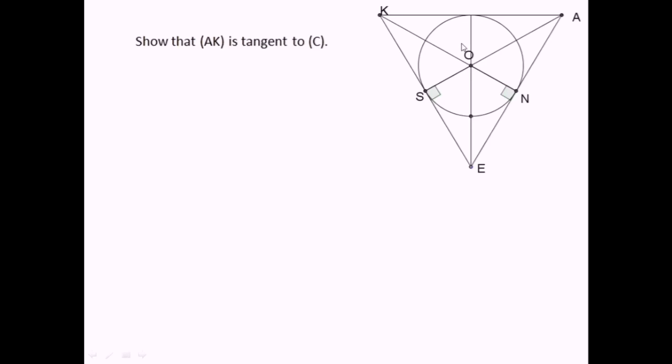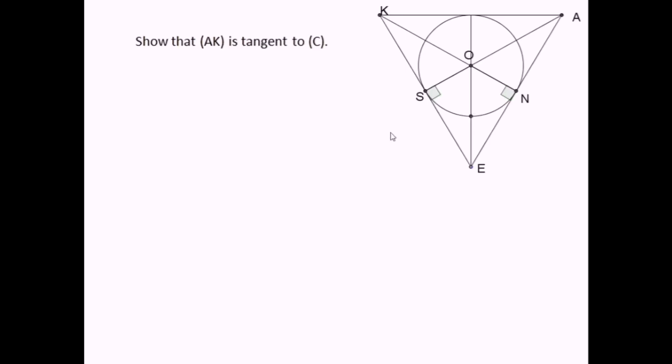And we know that when this circle is inscribed in this triangle, the three sides are the tangents to this circle. And we already proved that KE and EA are two tangents to this circle. Then for sure AK will be the third tangent. So let's prove that this O is the incenter.